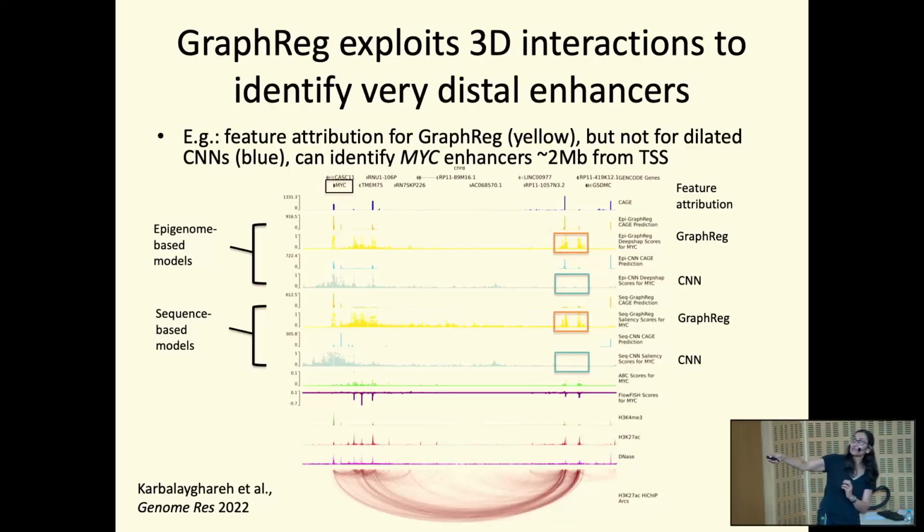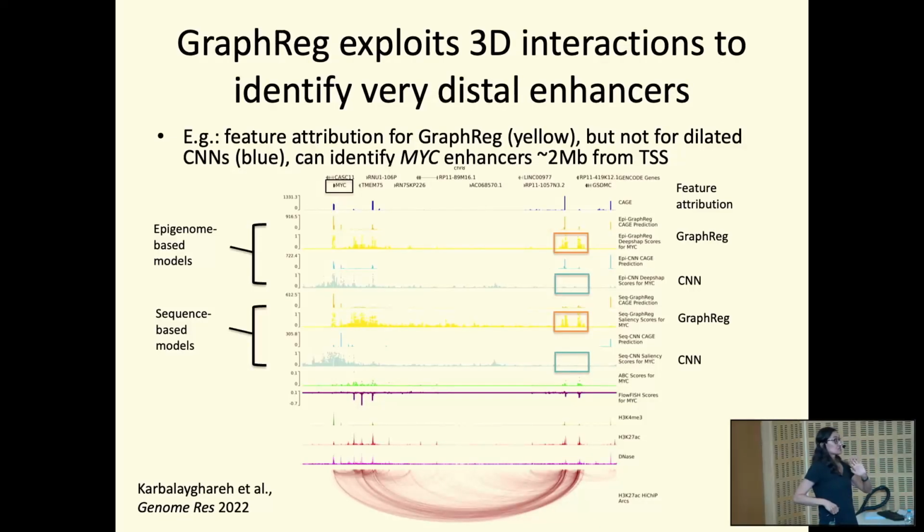And you can see why they can learn it, because we can reach very far away in the genome over these edges and learn this information is important. Whereas dilated CNNs, even though in principle they have a big enough receptive field to see the whole sequence context, in fact, all the information decays away and you only see information near the promoters.